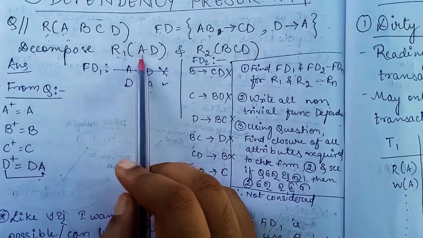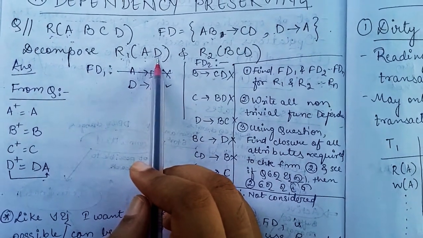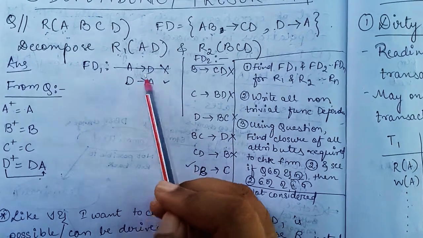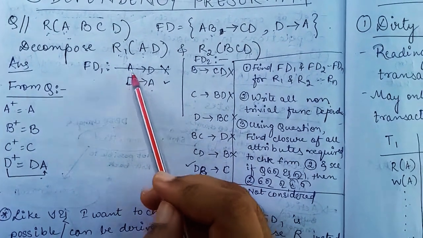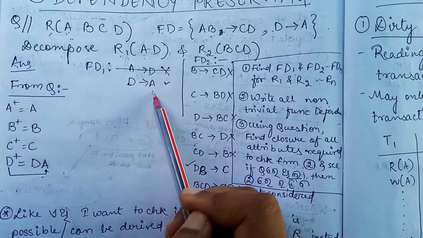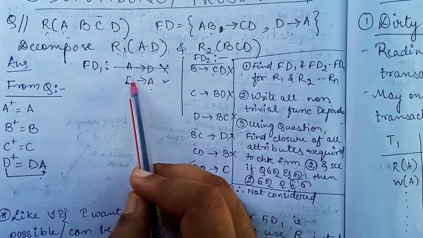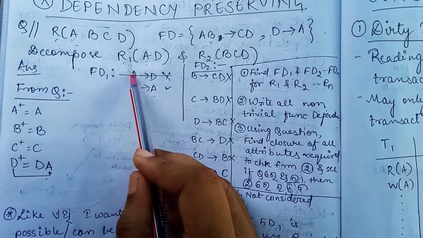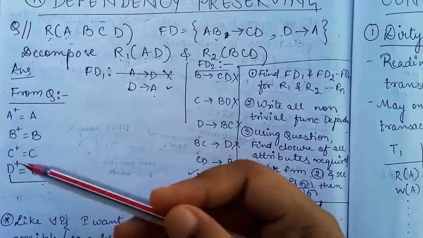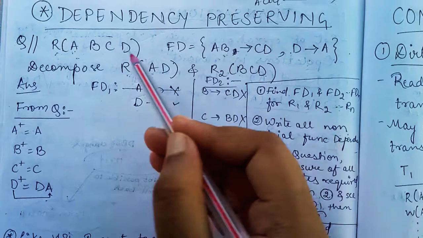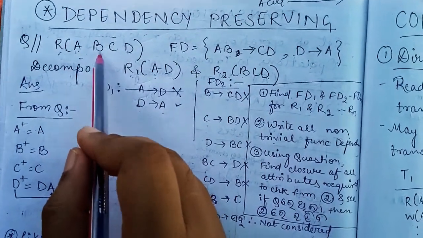With attributes A, D, what all combinations we can have? We can have A to D and D to A. Either A is dependent on D or D is dependent on A. Now whether these were possible initially according to the question or not, we need to check that.